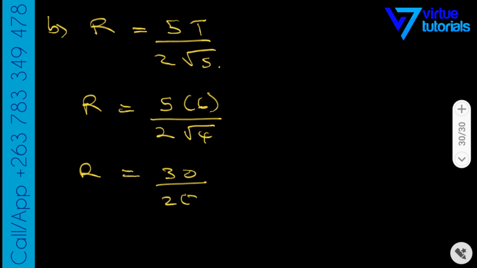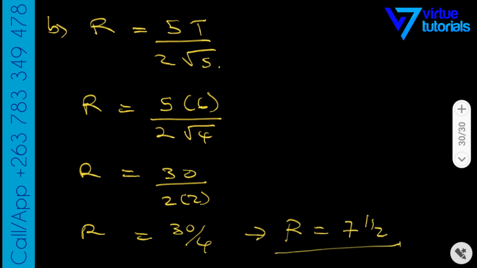So it will be 2 times 2. R is equal to 30 over 4. So the final answer is R is equal to 7.5, whichever one you prefer. So you can try some questions on inverse variation.